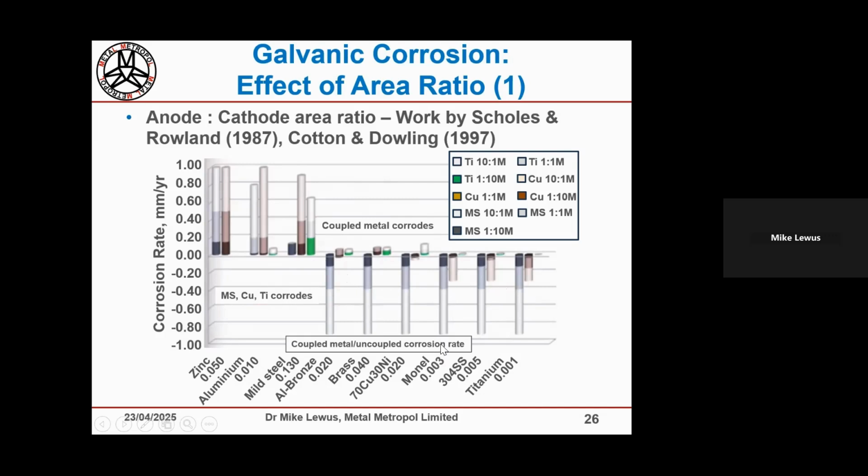It's only when we get to something like Monel that the copper starts corroding. And you can see for the most part, titanium isn't corroding at all, which is what we expect. If it was cheap enough, we'd make everything in the marine environment out of titanium, wouldn't we? Not exactly true, because it doesn't cover all the properties we want, but it underlines the point.